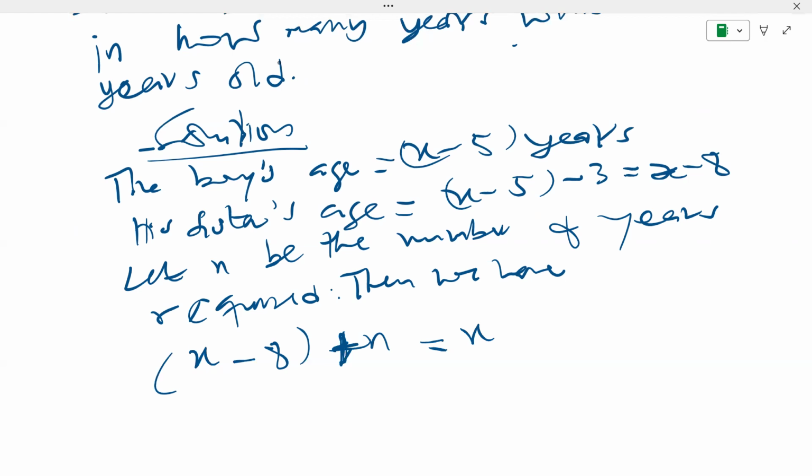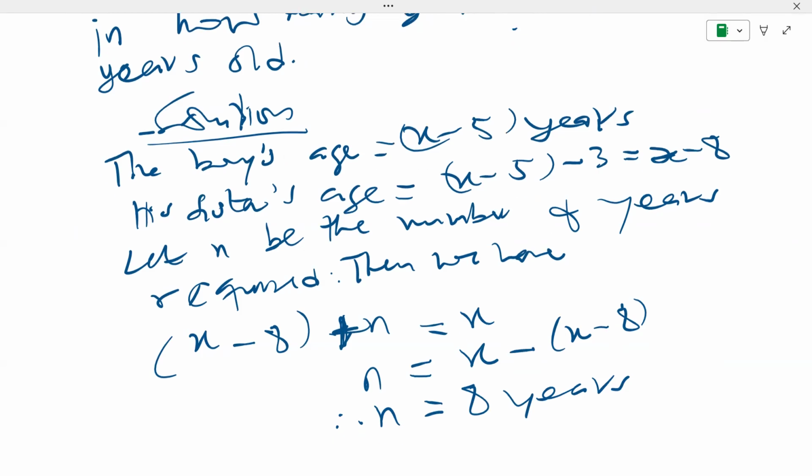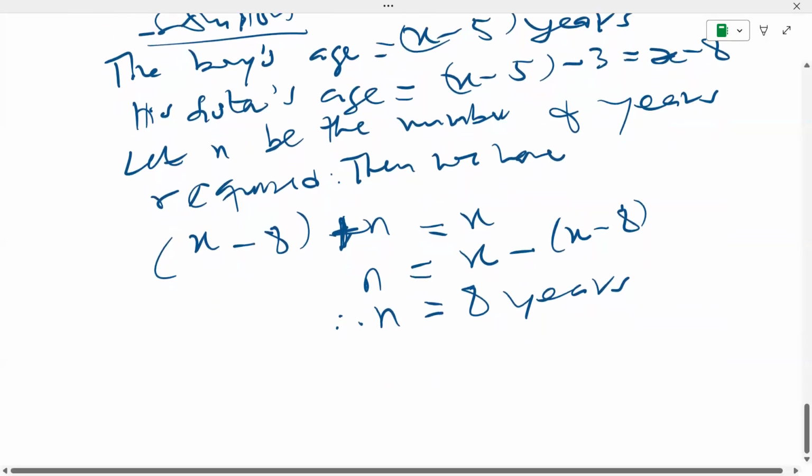And so what do we do? All that we do is that we make n the subject. So we shall get our n being equal to x minus 8. So finally, we get our n to be 8 years. Right. So the required number of years that we need will be 8 years for the sister to be x in age.